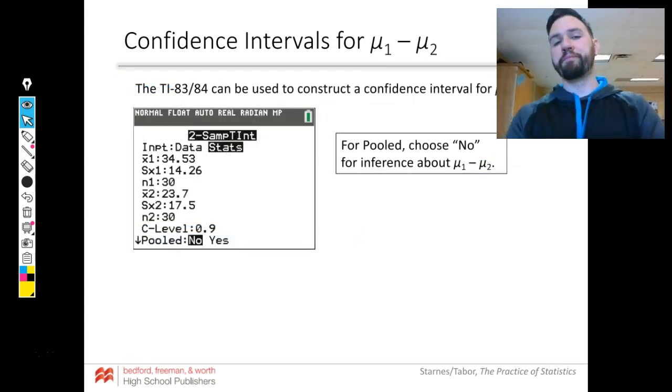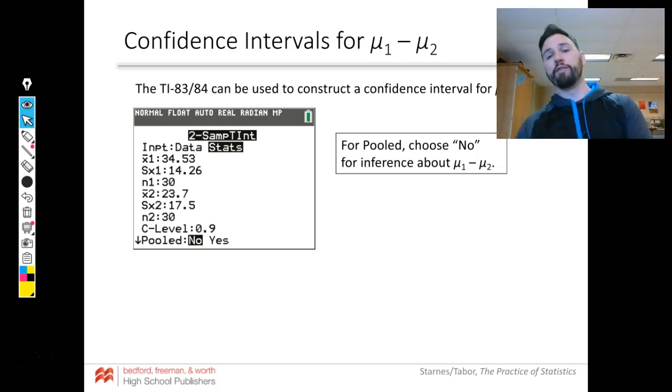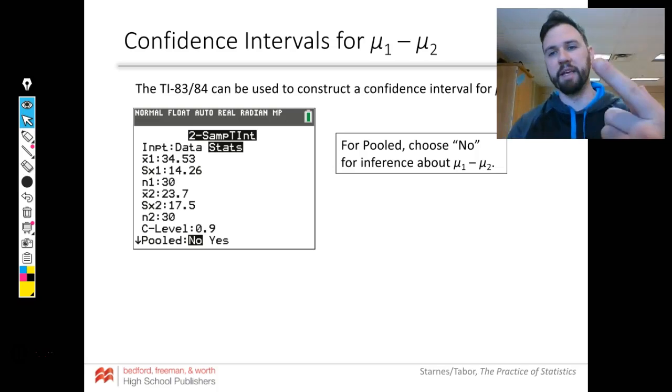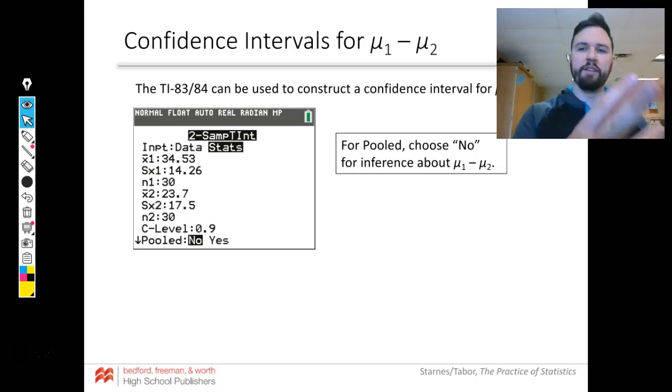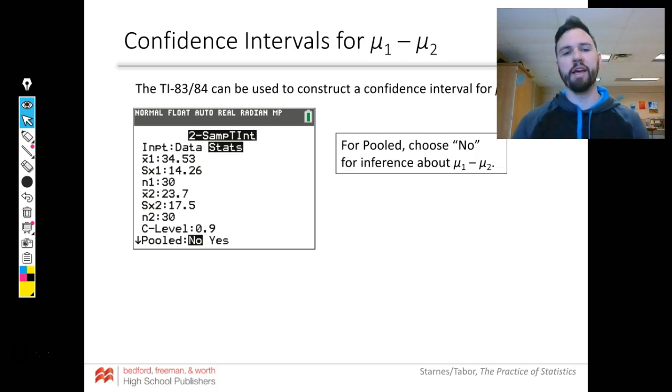So you're going to go to 2-SampTInt. Okay? We're going to use stats. If you have a list of data like the apartments, you're going to plug in L1 and L2 and use data, and it'll do everything for you. It's magic. So we're going to go stats. Plug in our mean, standard deviation, and how big our sample is. Confidence level is 0.9.